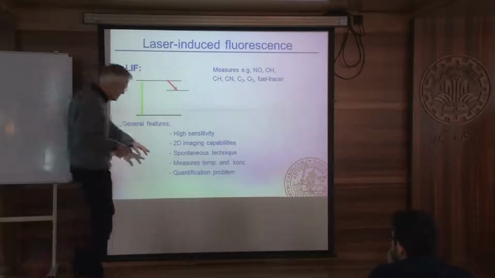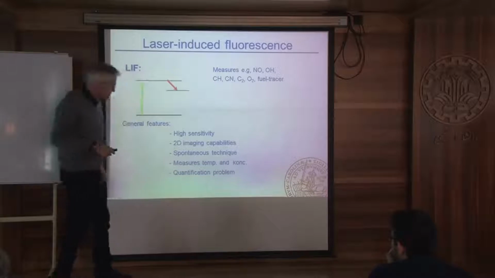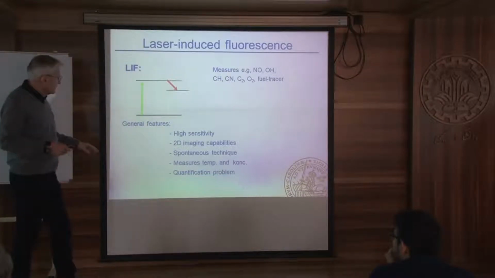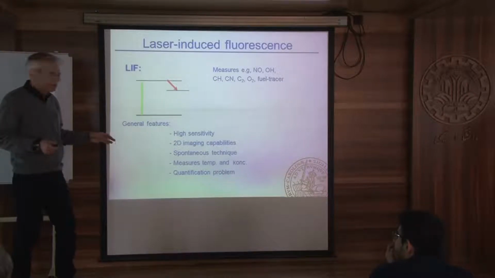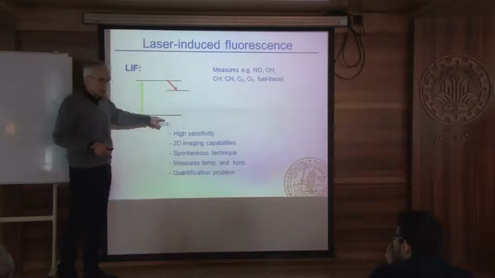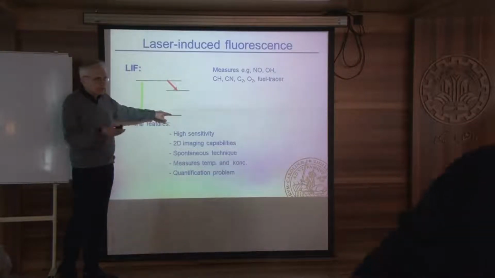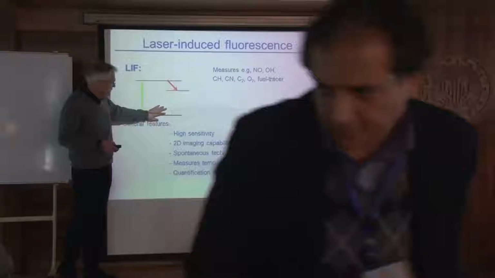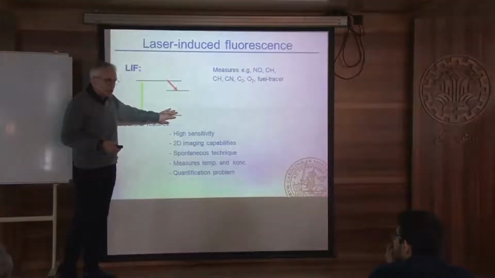And then another thing which I might comment on today, which I didn't bring up yesterday, is the quantification problem. In laser-induced fluorescence, you're interested in the ground state population, right? In order to feed into models, this is the number density you need.